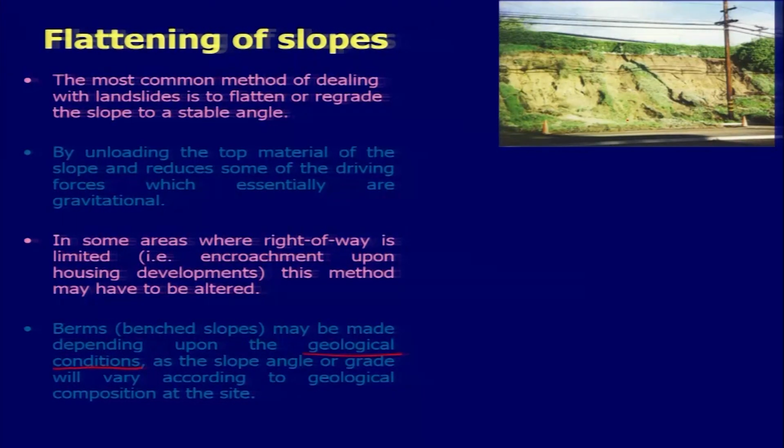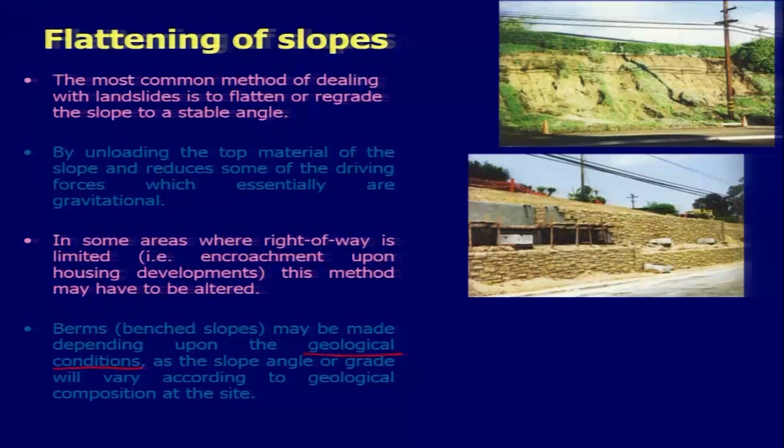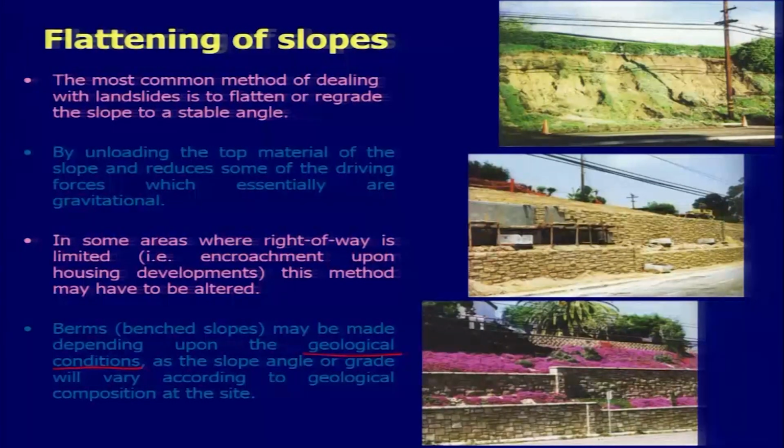So, the example which has been shown here is very simple. It is not a very huge landslide material which can come down, but the way it was done, it is a combination of two: the reduction of the slope, putting retaining walls here to protect the slide or stop the slide further, and along with that putting vegetation here.